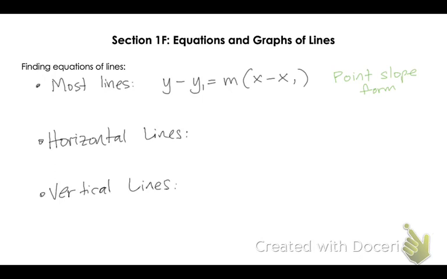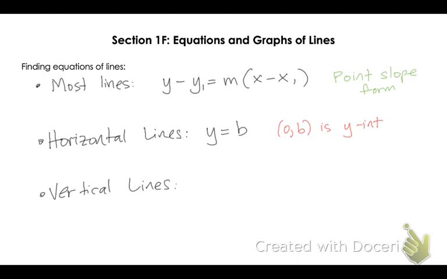For horizontal lines, the equation is just going to be y equals a number, y equals b, and that b is our y-intercept. So (0, b) is the y-intercept. A horizontal line is just going to look like y equals 2 or y equals -6. It's just y equals a number.